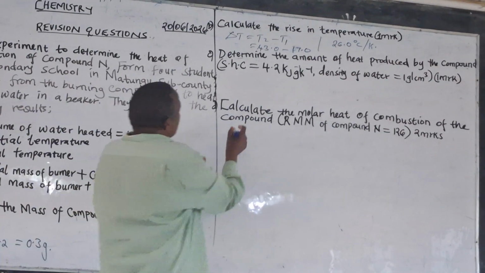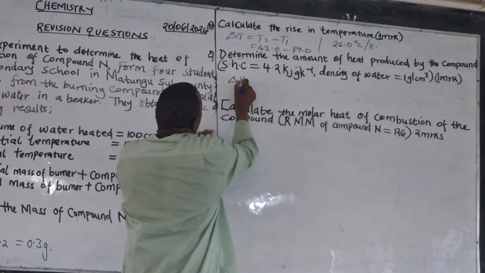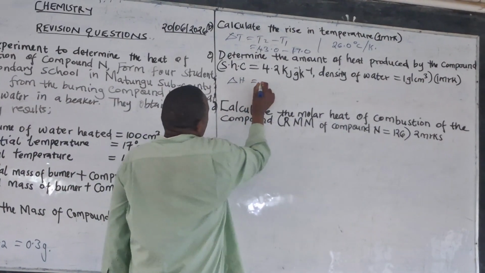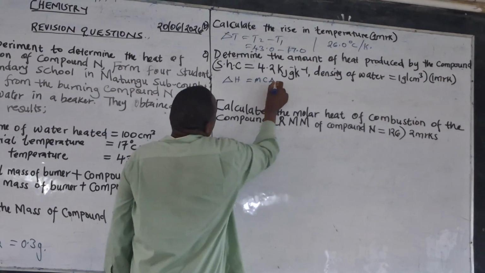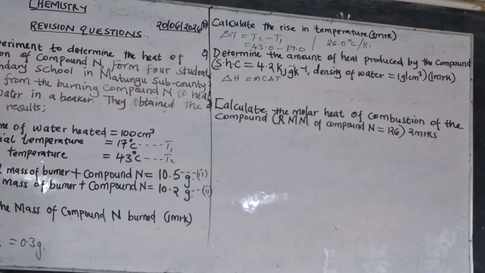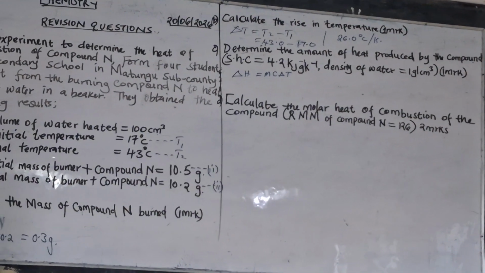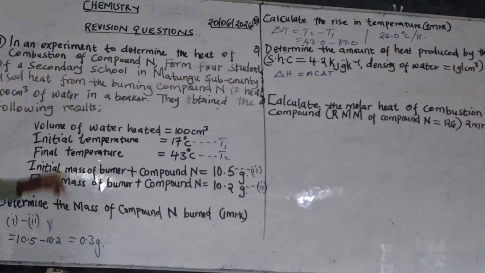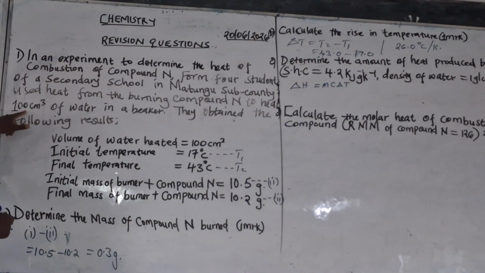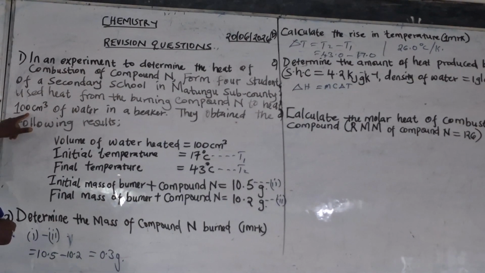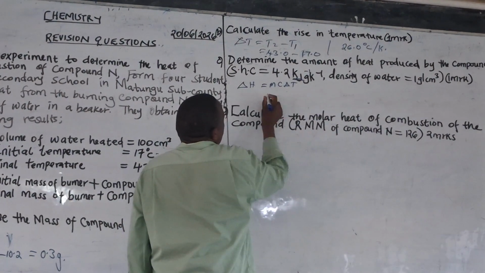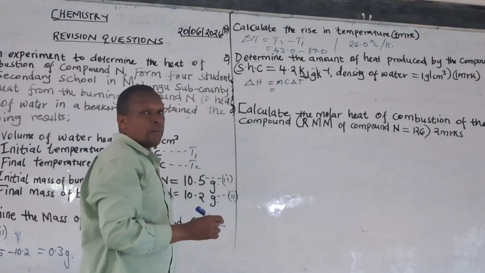So here, heat change is given by delta H. Delta H is equal to MC delta T, whereby M is the mass of water, and our water is 100 cubic centimeters. Now that the density is 1 gram, this 100 cubic centimeters is the same as 100 grams. So here, because our value is in kilojoules, then we put our mass in kilograms.